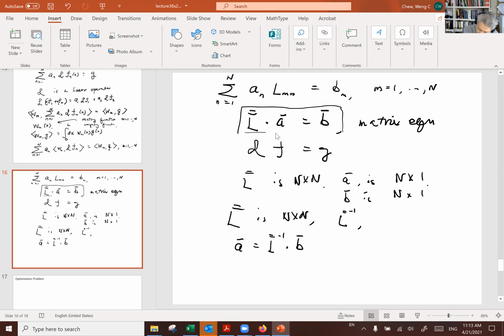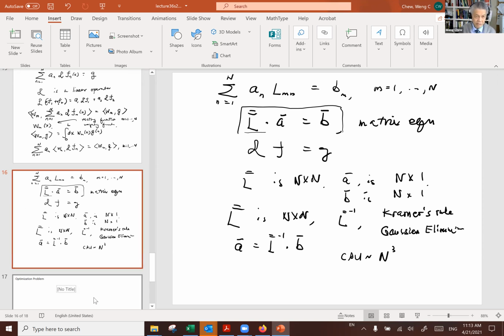You can use Cramer's rule, or you can use Gaussian elimination. And you know that the cost of inversion is proportional to n to the power of 3, which means that if n becomes very, very big, the cost of finding the inverse of a matrix is very, very expensive. And that is not the way we should be doing this problem.